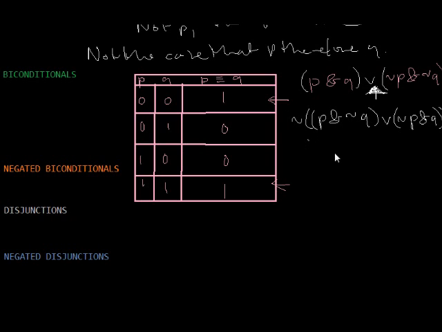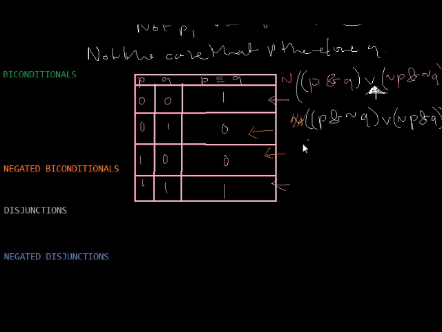So you would either stick a not around this thing, or you would erase this not, and it would be true in these two rows. Either only one of them is true, and they aren't both false. So you could also use an exclusive or.